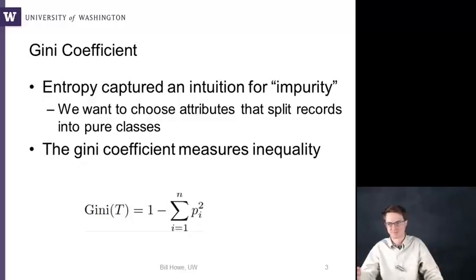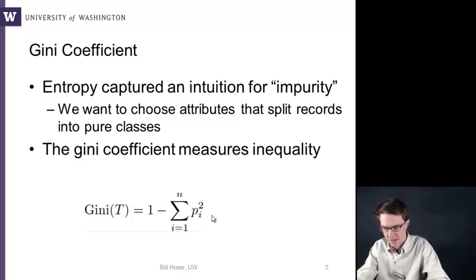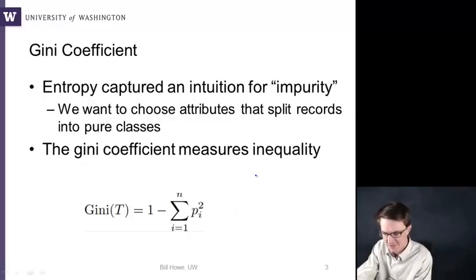Okay, and so this looks like this. And so if you think about what this is doing, right, you can think about how this behaves. We're not necessarily going to derive this, and there's actually varying notions of how to compute the Gini coefficient in general.